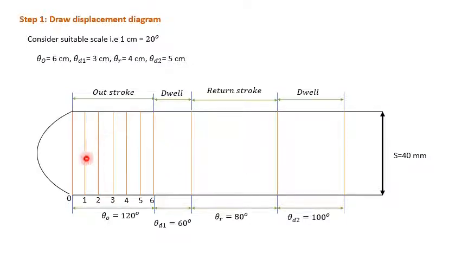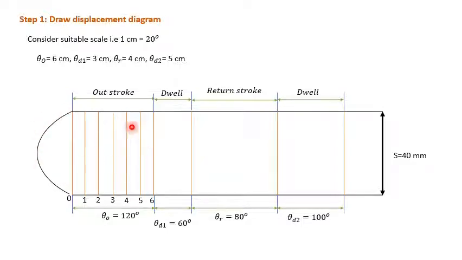Since the outstroke is by SHM, we have to draw the semicircle. So identify the midpoint of this vertical line. Keeping the compass at this point and taking the radius of this horizontal line, draw a semicircle like this.